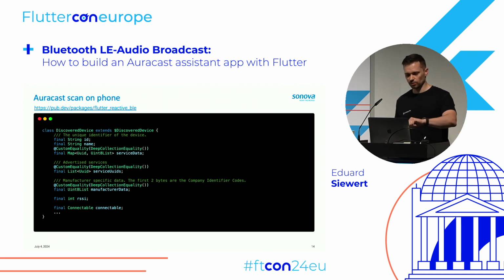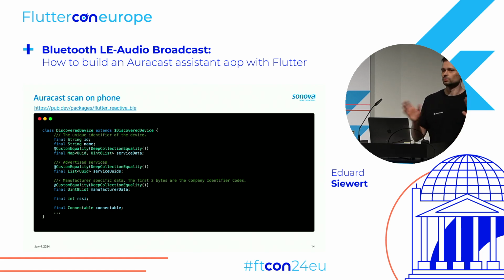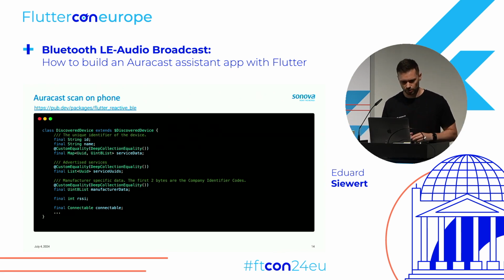You can see here we have an ID, which is the MAC address. We have a name, and we have this map called service data. And I can tell you this contains all the configuration information about our source. For each service, it contains some structured data that we can read from here.